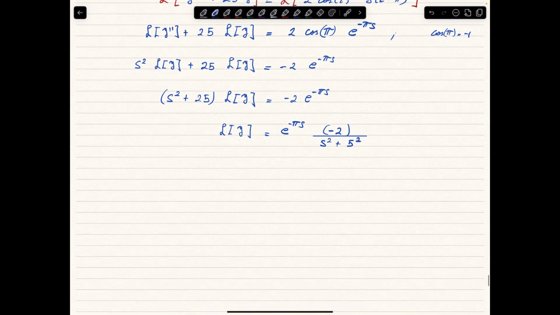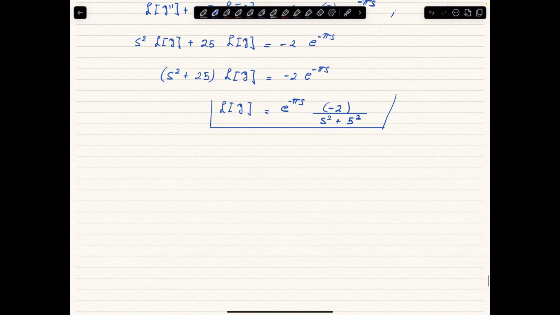So now we need to compute the inverse of this Laplace transform, but let's recall one thing, that the Laplace transform of the sine of at, well, this is very similar to what we have in our problem. This is a over s squared plus a squared. So what happens for this Laplace transform when we use a equal 5?